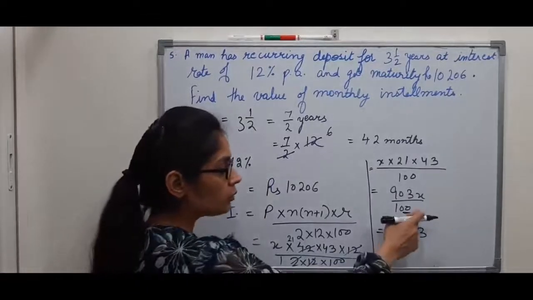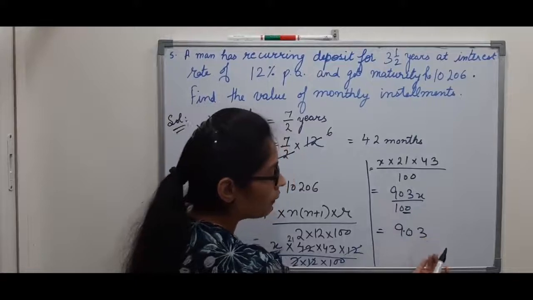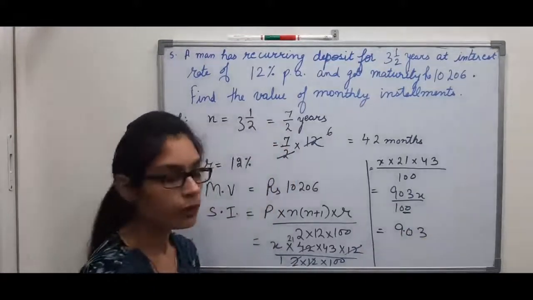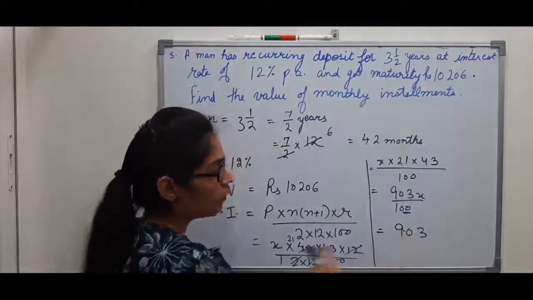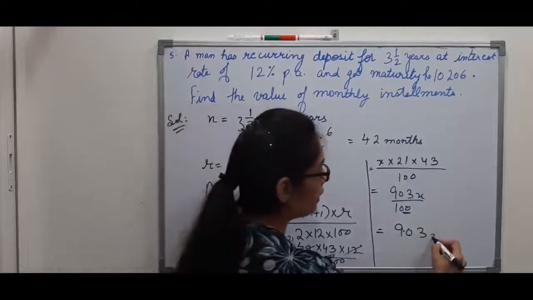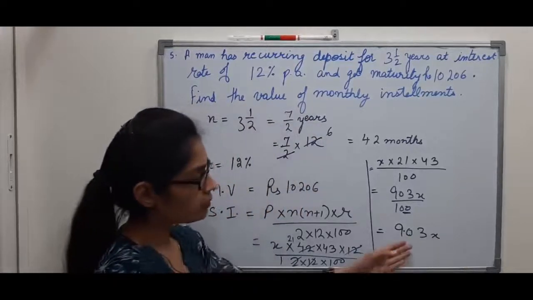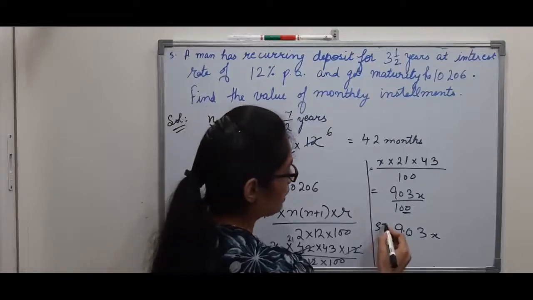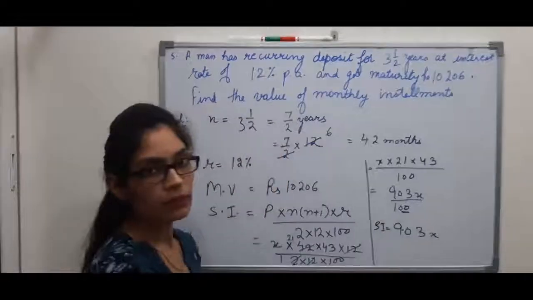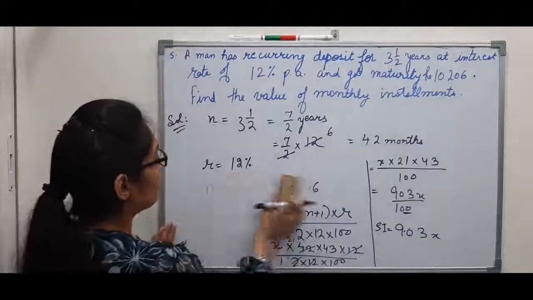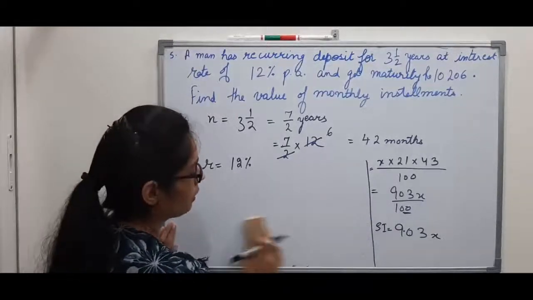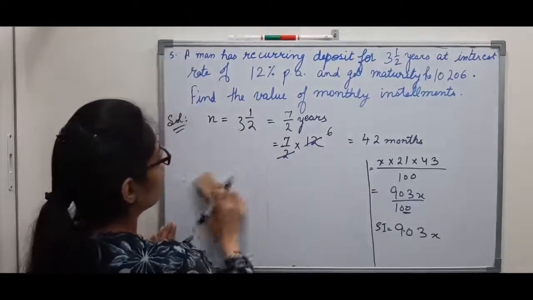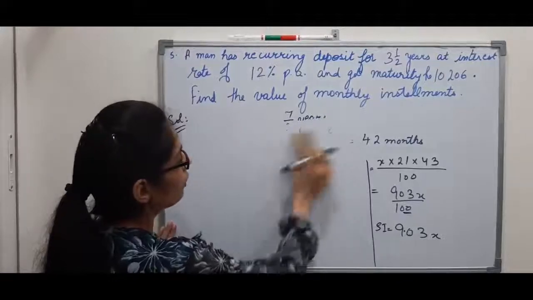Since 2 zeros were there, I counted my numbers from right hand side, and after 2, 1 and 2, I put decimal. So it is 9.03x. So the value of simple interest is 9.03x. Now I will use this value in the formula of maturity value.